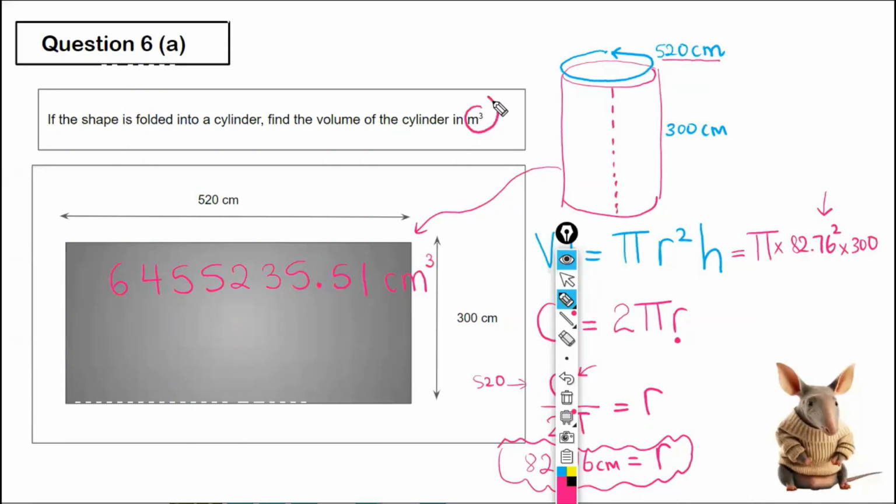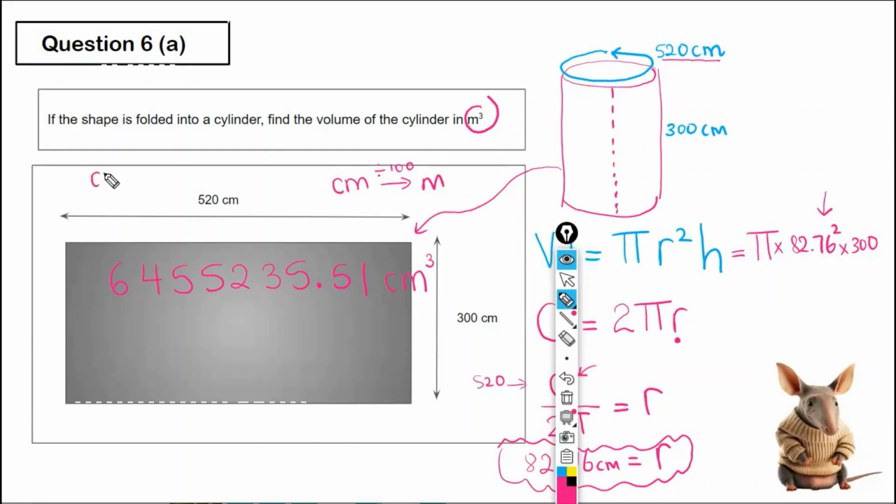Now, you gotta be careful here. How do you convert centimeters to meters? Won't we divide by 100? Because it have 100 centimeters in a meter. But centimeters and centimeters cubed is two completely different things.